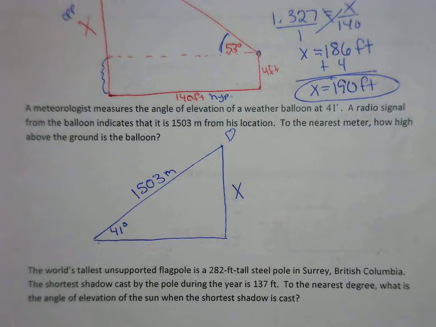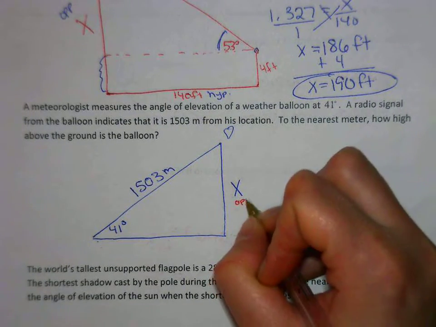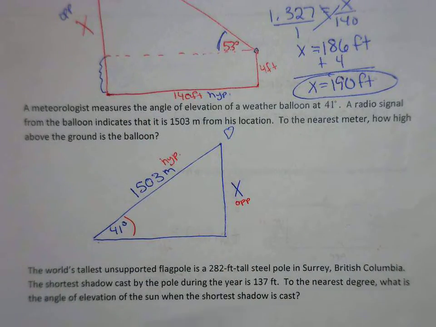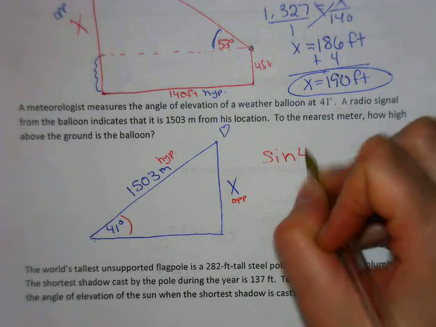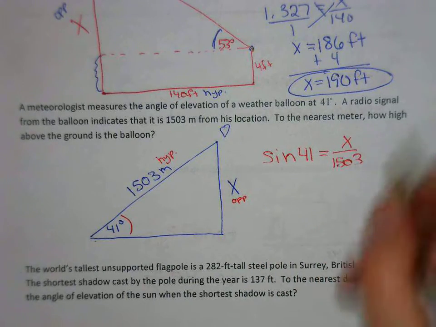We don't know x. If we look at this, we're looking at the opposite side compared to our degree and the hypotenuse. If we're working with opposite and hypotenuse, we're going to be looking at the sine of 41 equals x over 1,503.